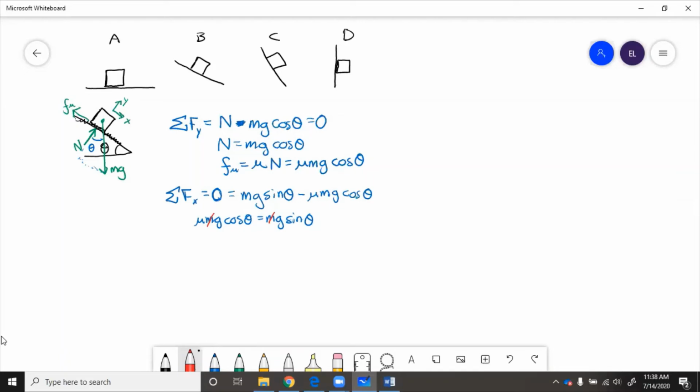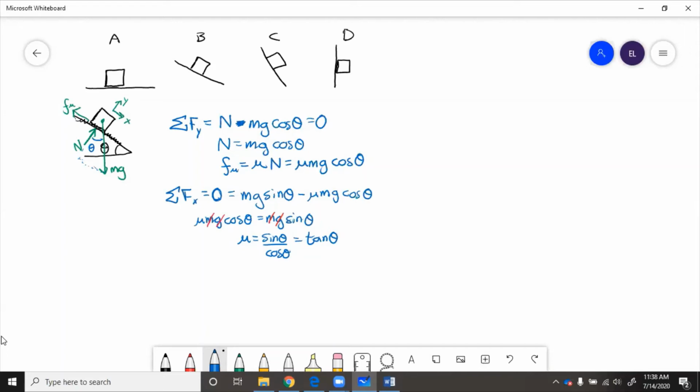And then gravity also cancels. Acceleration due to gravity doesn't matter. It doesn't matter what planet you're on. So then what we're left with here, mu equals sine theta over cosine theta equals tangent theta.